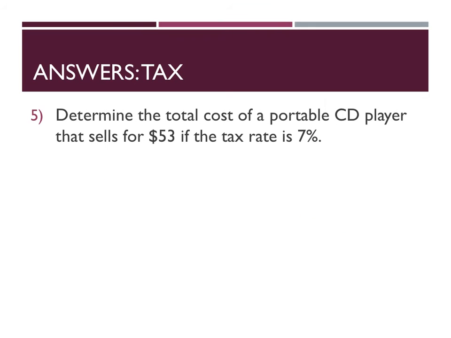Determine the total cost of a portable CD player that sells for $53 if the tax rate is 7%. We are talking about total cost, so we're going to have an extra step at the very end. I'm going to find my tax first. What is the tax amount on the $53?